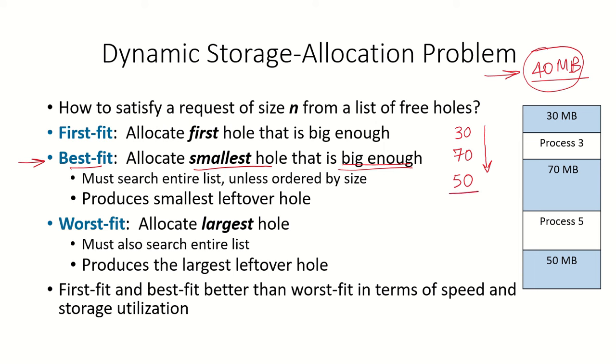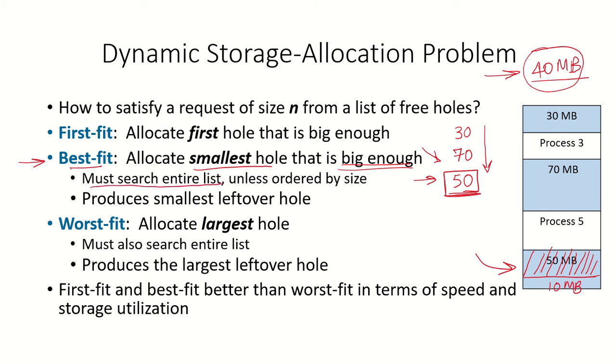We have two candidates over here, one is 70 and one is 50, but we can see that 50 is just big enough to be granted to this process. So 40 MB will be used by this process, and now only a 10 MB hole is available. The drawback is that the entire list has to be searched.